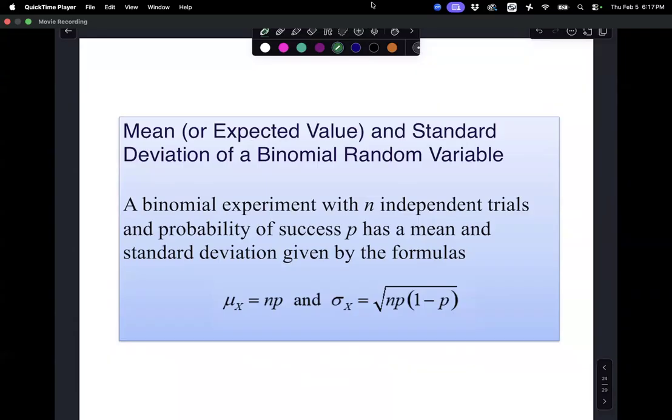It is the number of trials times the probability of success times the probability of failure, and we take the square root of that. That gives us the standard deviation. Now, the standard deviation is going to have the same meaning it always does. You're going to still use it to determine if something is an outlier, something's unusual. One of the ways that we figure out if it's unusual is if it occurs less than 5% of the time.